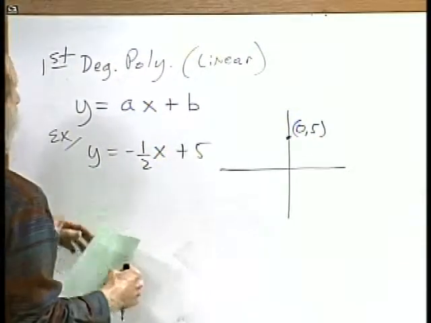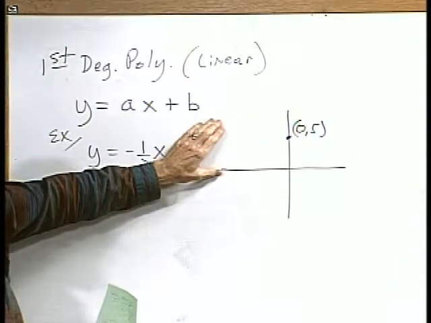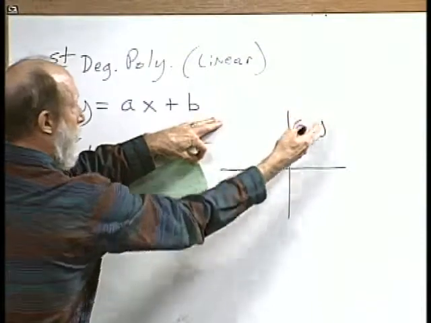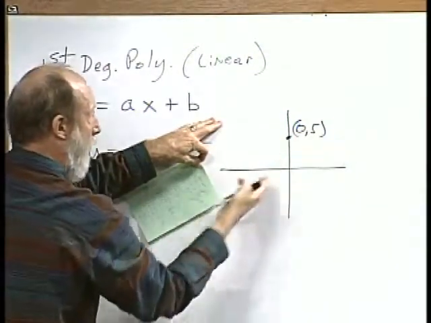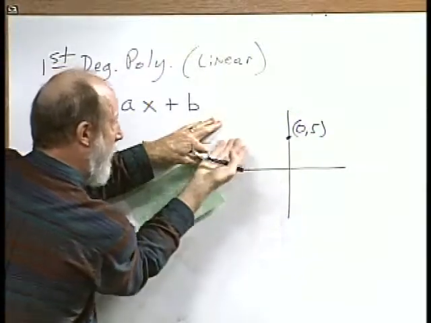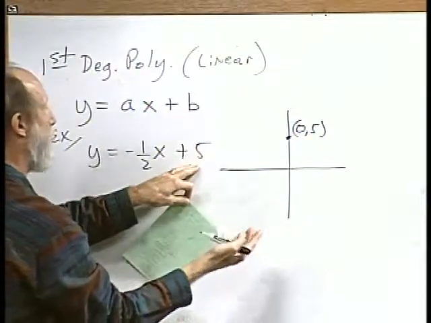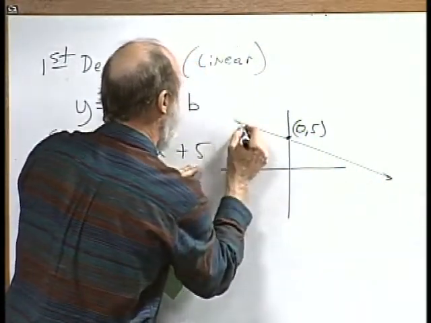So it would be half as tall as a y equals x graph and upside down. y equals x would be like where my hand's moving. If I make it half as tall and upside down, it looks like this, and then lift it up 5. Thinking in terms of transformations, there's the picture.